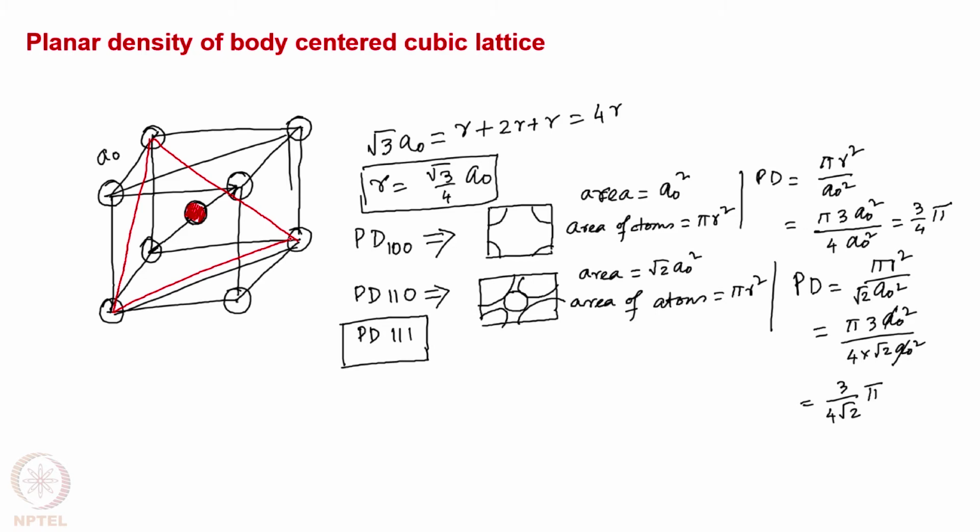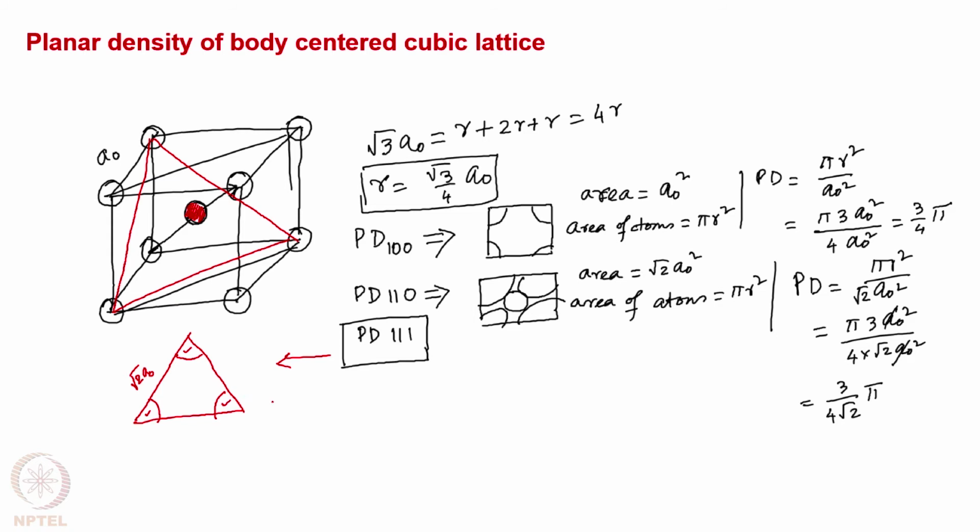So when we try to draw this 111 plane, we should draw it as a triangle, and then the three atoms at three corners should come like that. So now this face diagonal is root 2 a, and I have 1/6, 1/6, 1/6.